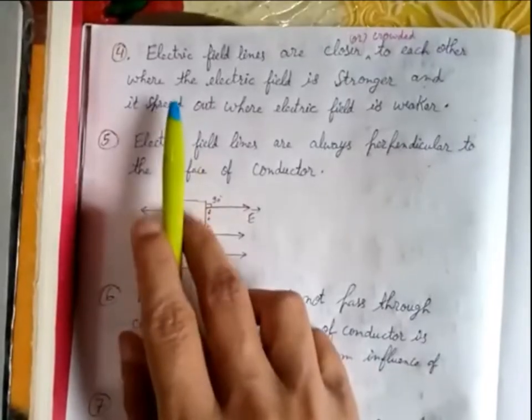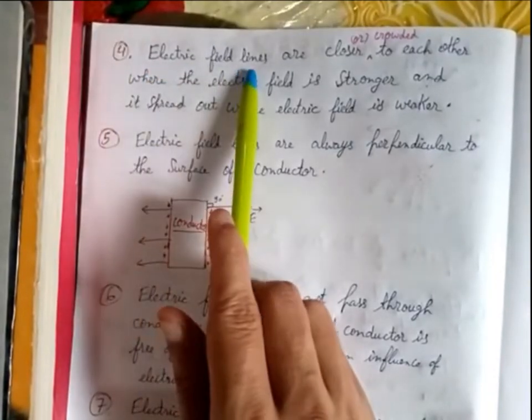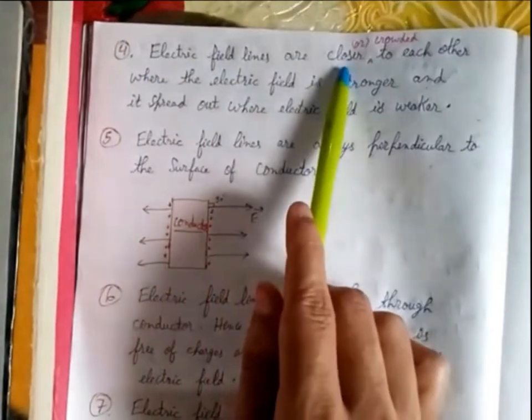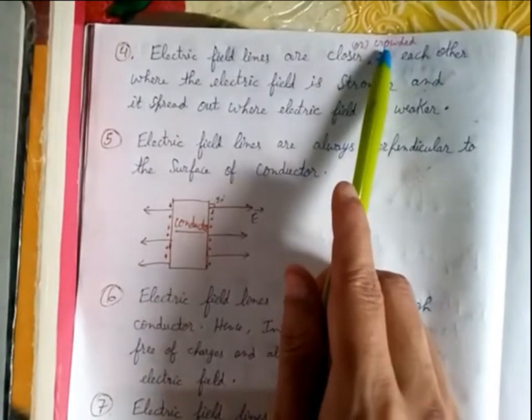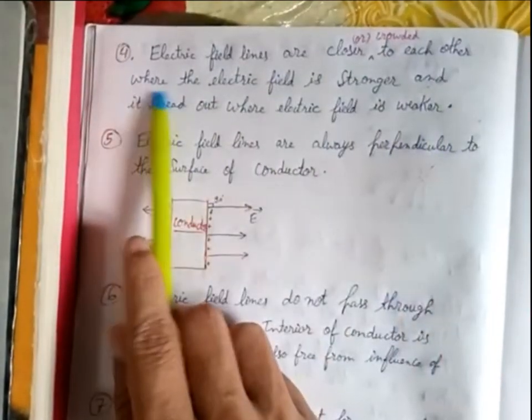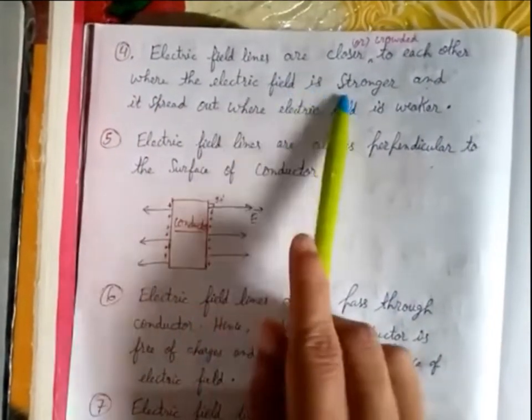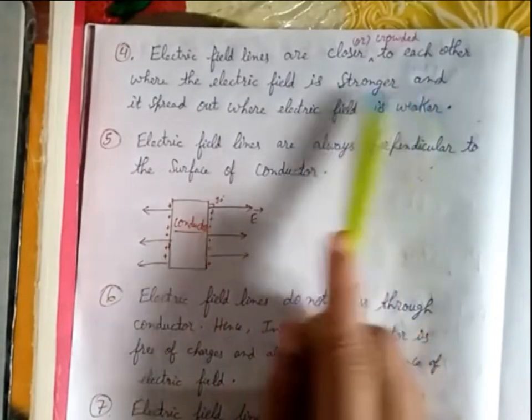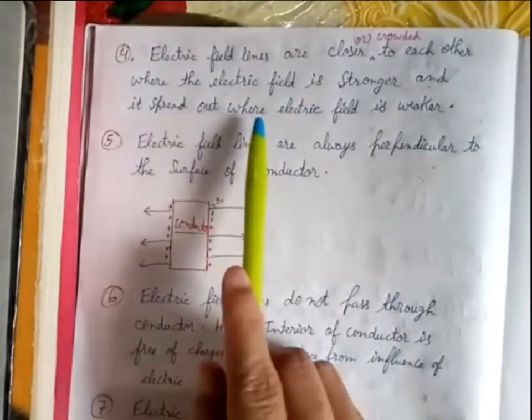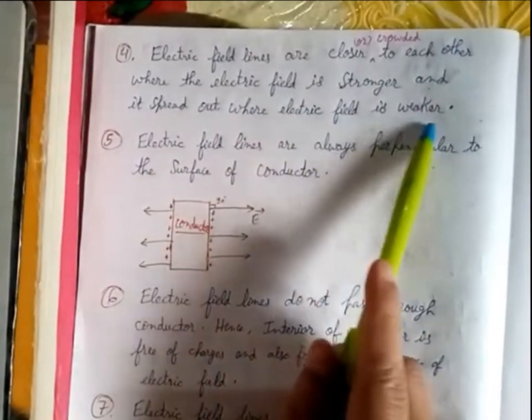The fourth property is that electric field lines are closer or crowded to each other where the electric field is stronger, and spread out where the electric field is weaker.